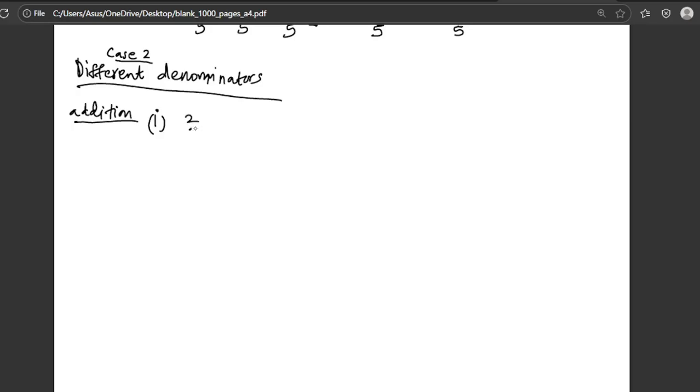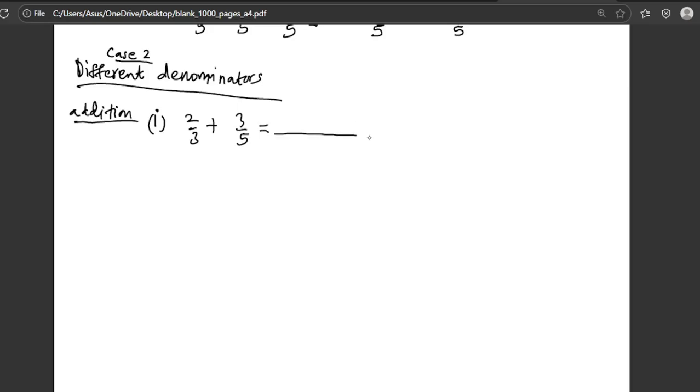We have 2 over 3 plus 8 over 5. You can see they have different denominators here. So what do we do? We use the LCM. In the first case we simply kept the common denominator, but in this case we want to turn these different terms into a common denominator, so we find the LCM of the two denominators.